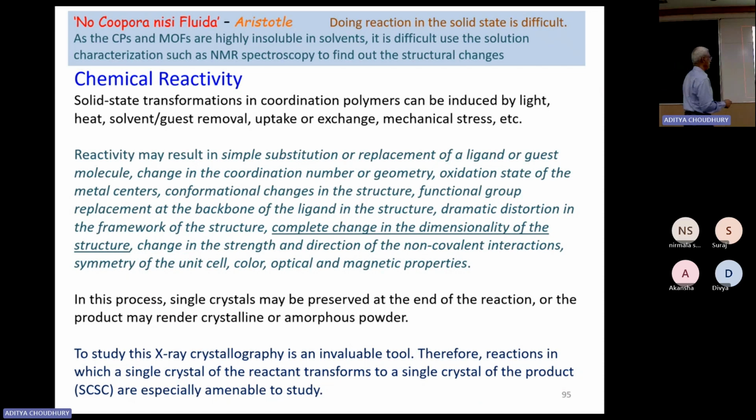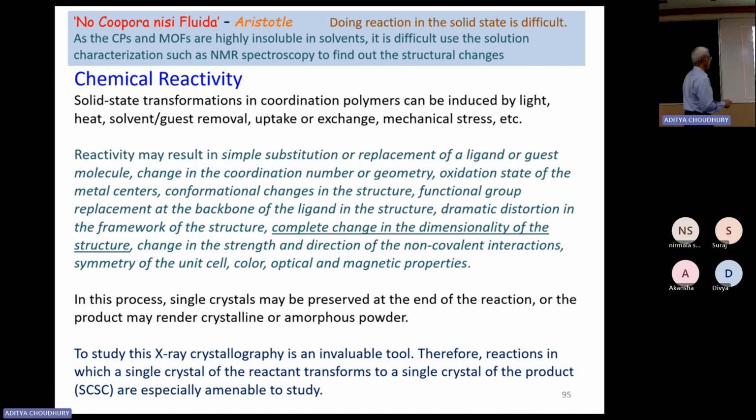You can do conformational change of the structure, functional group replacement of the backbone. We have seen on the first day PSM, post-synthetic modification, SALE, kind of thing. Sometimes it will also lead to complete change in the dimensionality of the structure. So a lot of things you can do with a single component, one crystal.